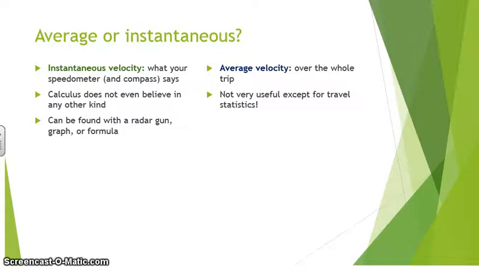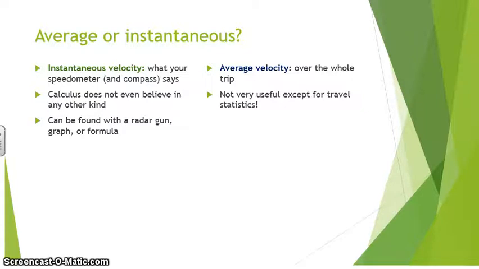You can find average velocity with a radar gun, zap. You can find it on a graph, or you can find it with a formula. Average velocity is the change in displacement over time. Do not write that formula down because it's an average over your whole trip. Find your average velocity on your next commute just for a lark.